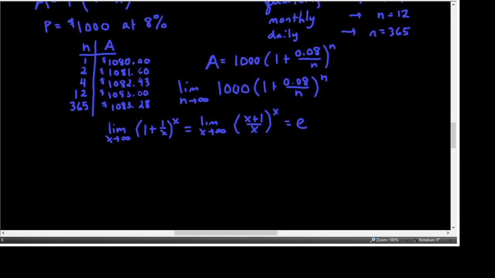And that is the approximate value of e. So if you went all the way to infinity, it would actually be e. 2.71828. So that's an approximation of e, and in fact it is e when x goes to infinity.